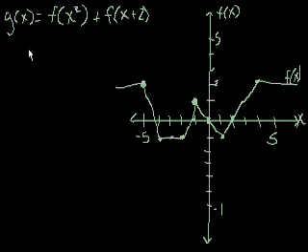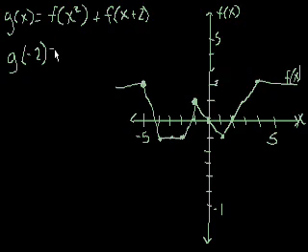Right? So now, in this case, what is g of, let's pick a random number. Let's say, what is g of minus 2? I have to make sure I pick a number that we can find the actual solution for.